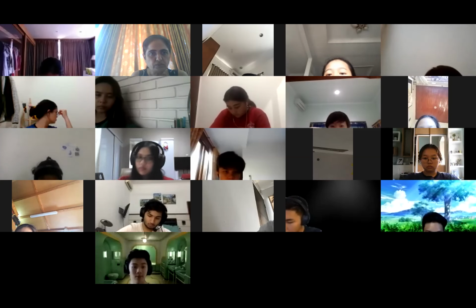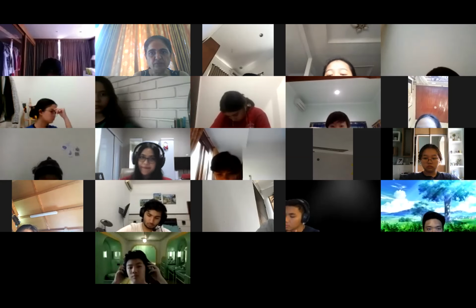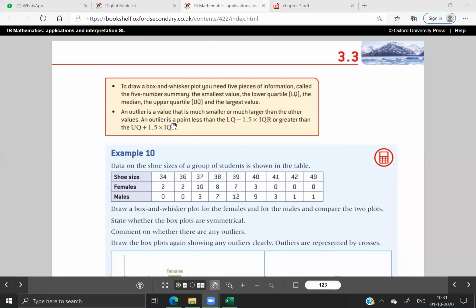Also, I would like to mention an outlier. An outlier is a value that is much smaller or much greater than the other values.